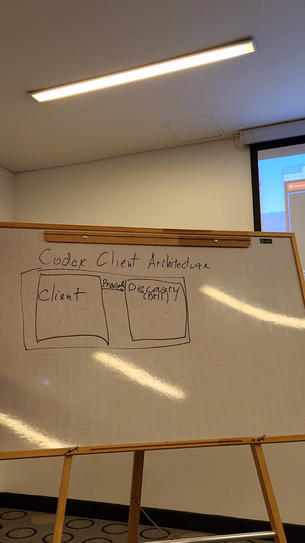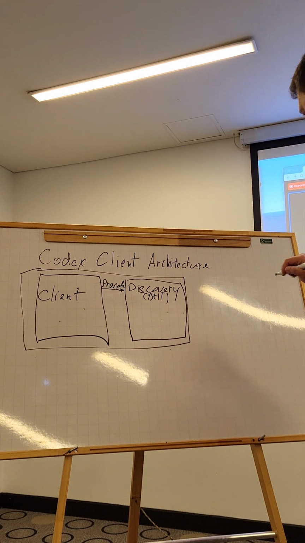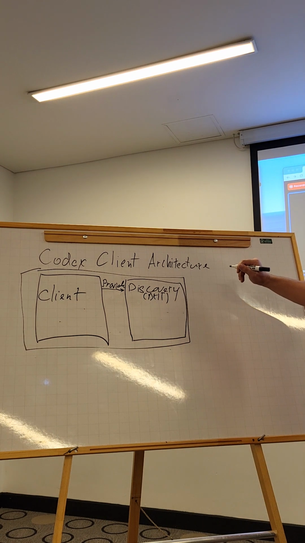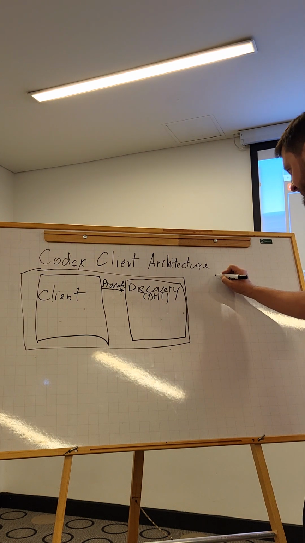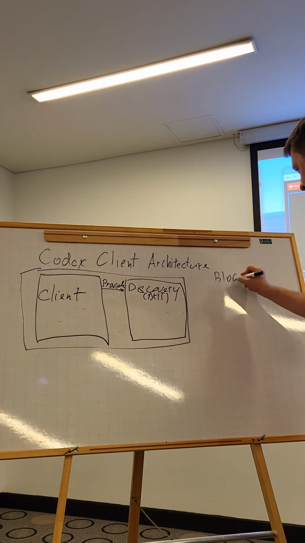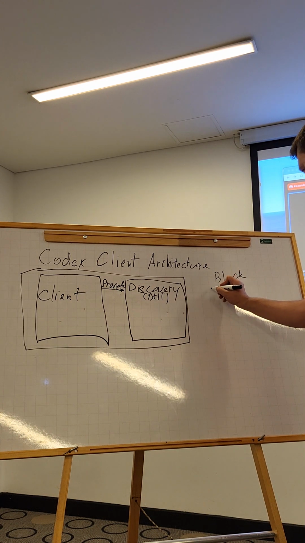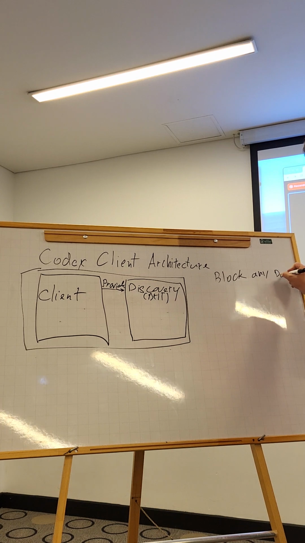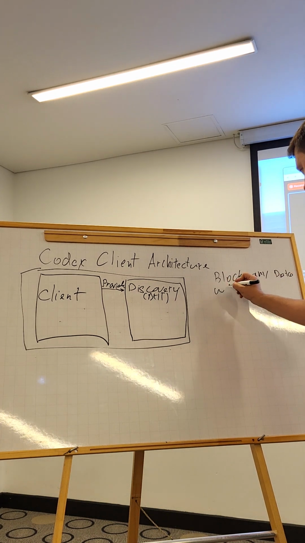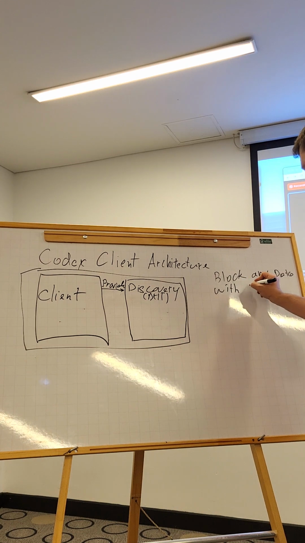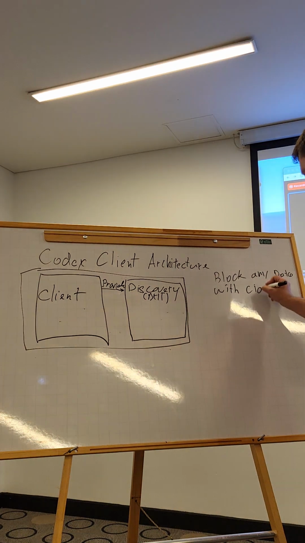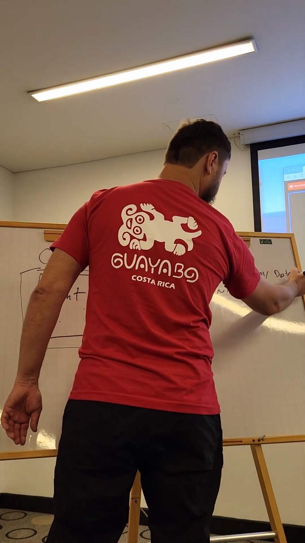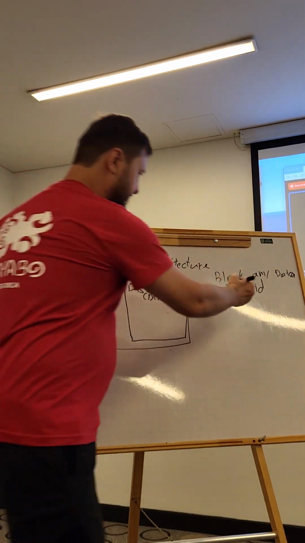What are blocks in Codex? A block is really any piece of data with a CID. And what's a CID?